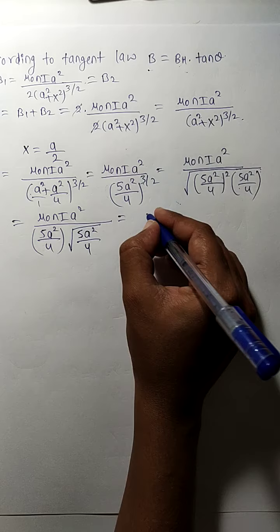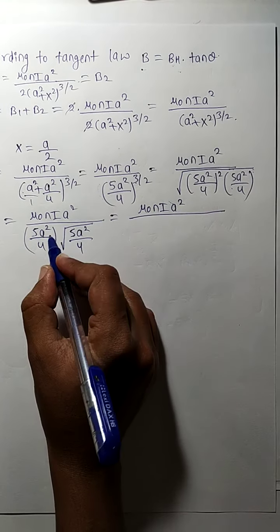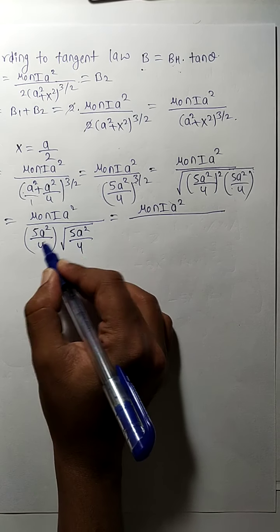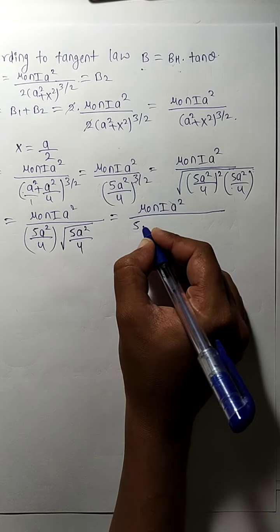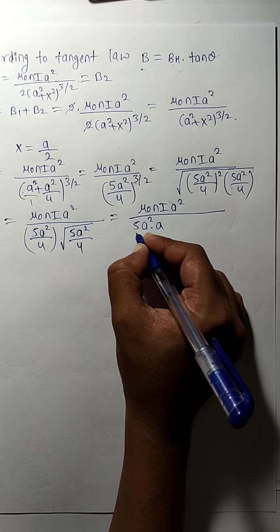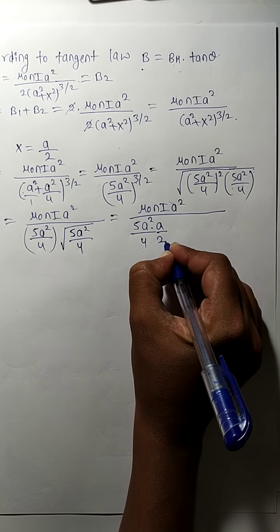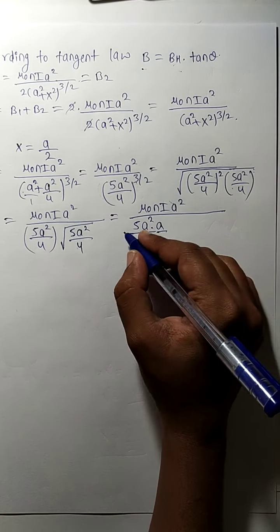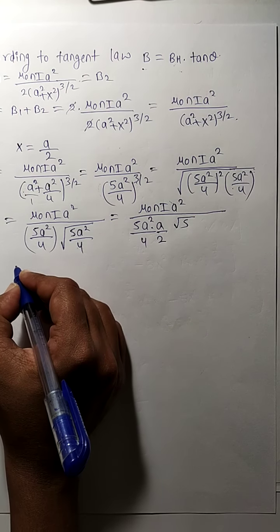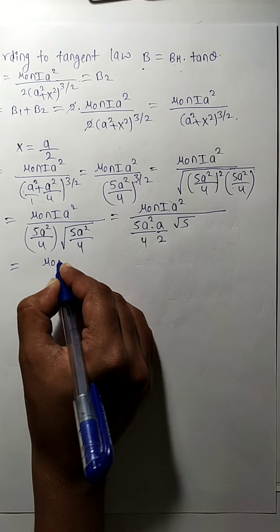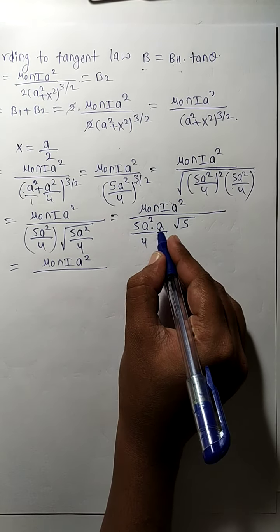So this is equal to mu naught N i A square whole divided by, so A square by 4 will come outside. A square will come out as A, isn't it? 5 A square into A, divided by 4 as it is, and when it comes outside, it will be divided by 2. Now what will be remaining? The square root of 5 only will be remaining. So that is mu naught N i A square divided by A cube.